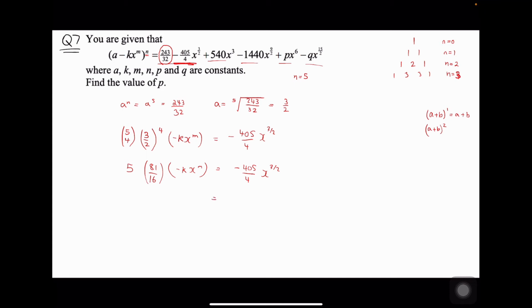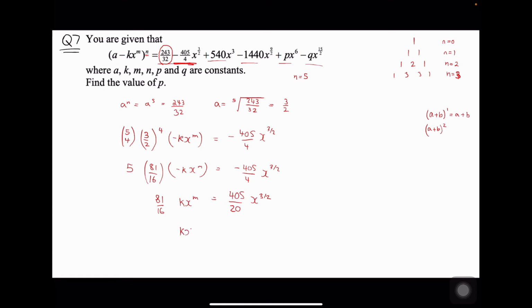So I'm going to divide both sides by negative 5. So this becomes positive and this is 20. Divide both sides by 81 over 16.